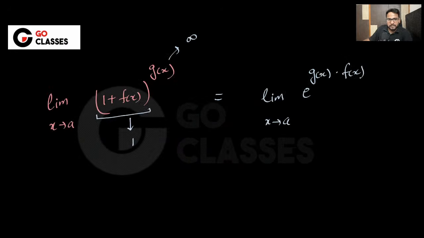Okay. Anyway, let me just ask you one thing. Suppose I say, can I rewrite it something like this? Here fx is going to, at x tends to a, let's suppose 1, and gx is going to infinity. Can I write it something like this?